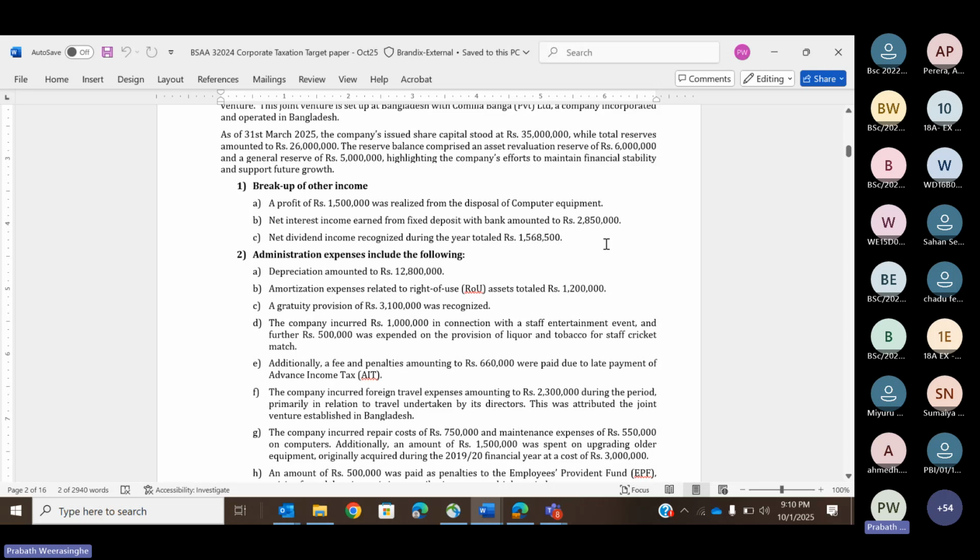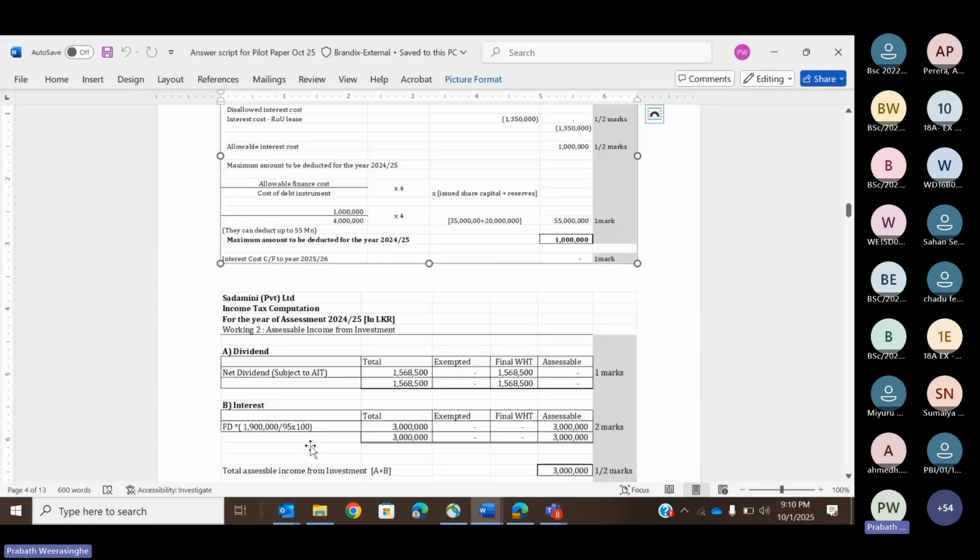It's 2,850,000, it should be right here. The formula is this one, so it should be 2,850,000 divided by 95 into 100. 1,900,000 is wrong, it's 2,850,000. It should be. There is an entering mistake here. Please make that correction, but the answer is correct.